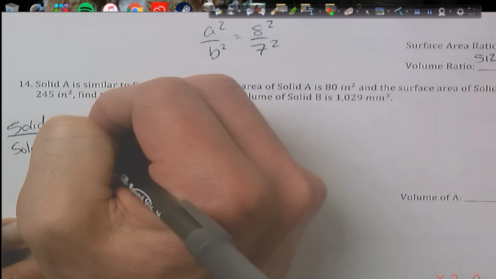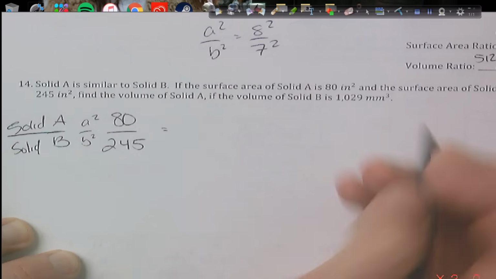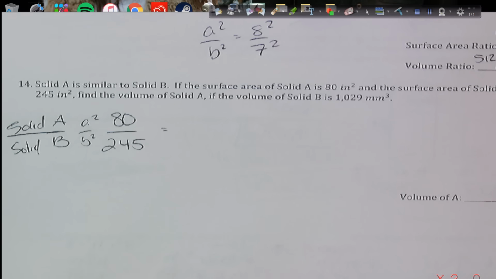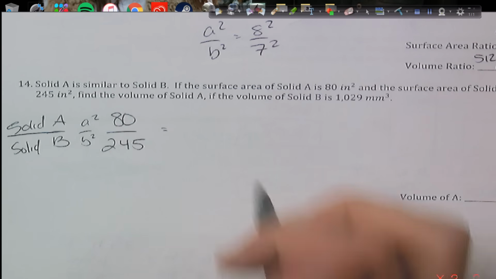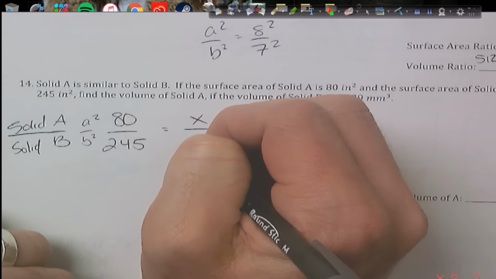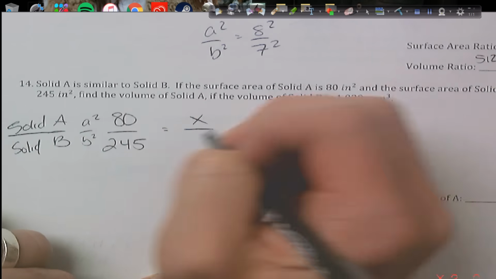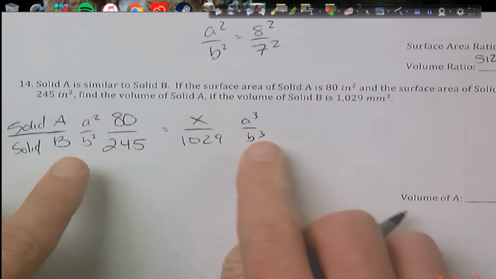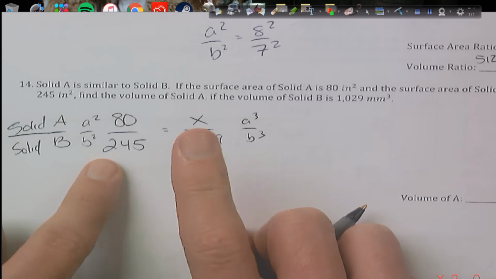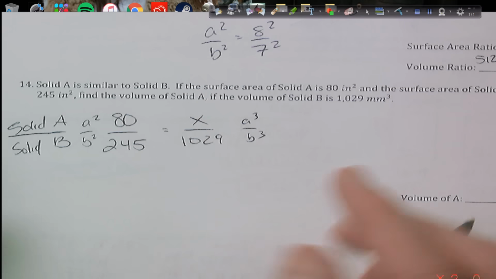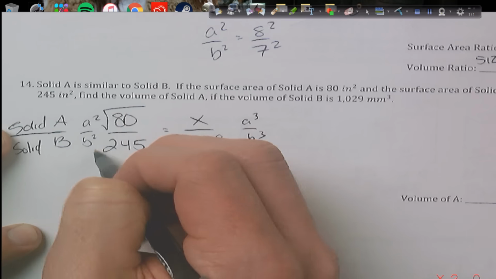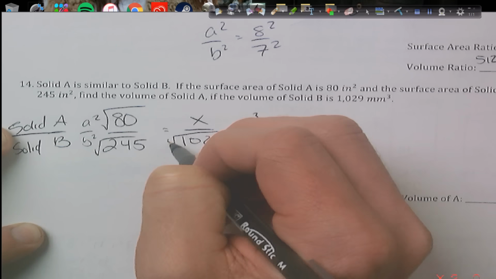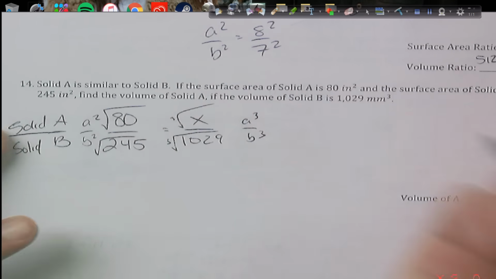But this is area, so we're talking about A squared, B squared. We want to find the volume. The volume of A we don't know over the volume of B we do know. But this is A cubed to B cubed. These are not the same, so I can't set them equal to each other. So I would like to square root them to get rid of that, and cube root these to get rid of that, and that should bring us to the appropriate measure.